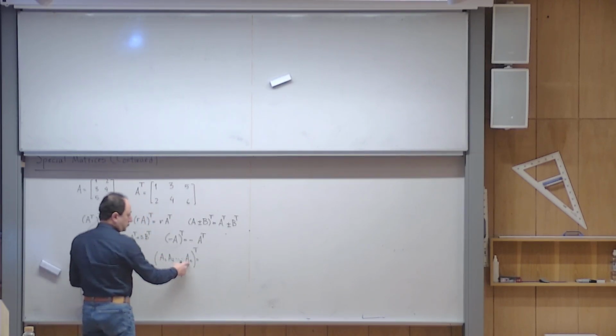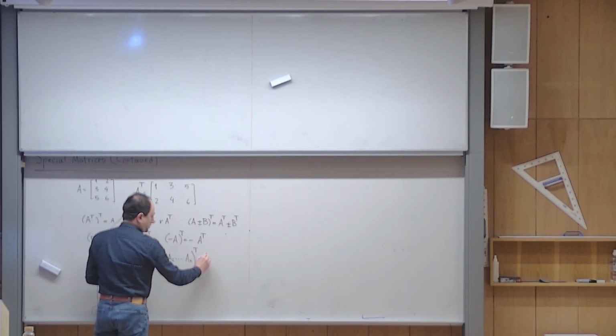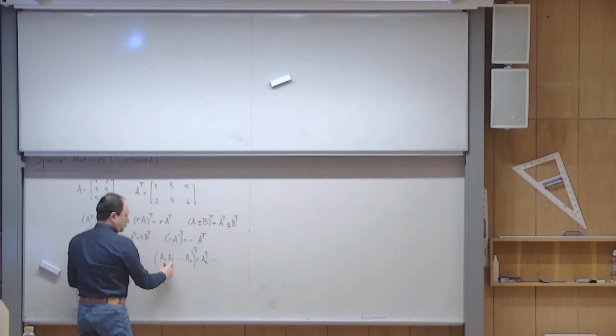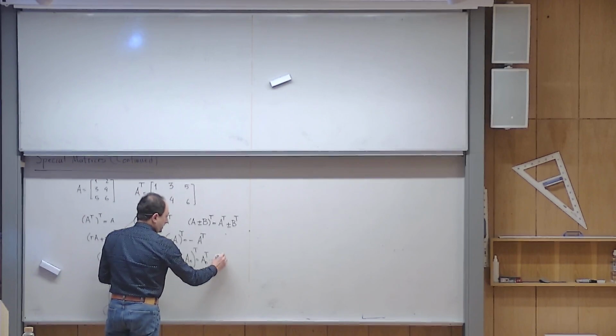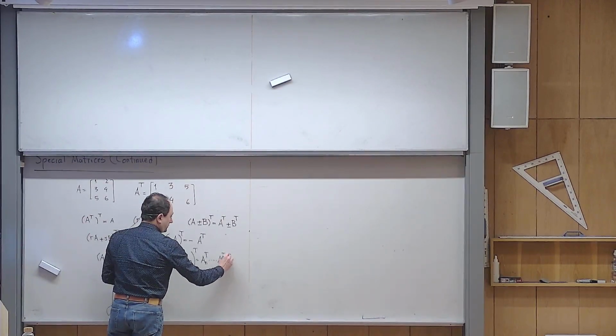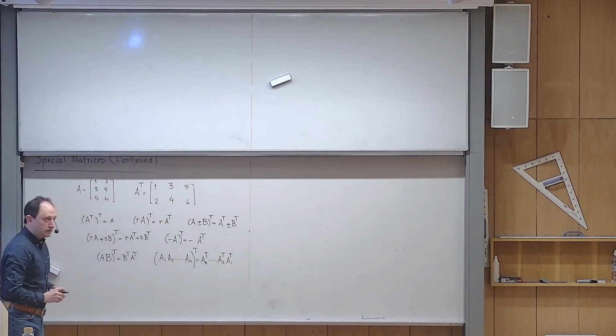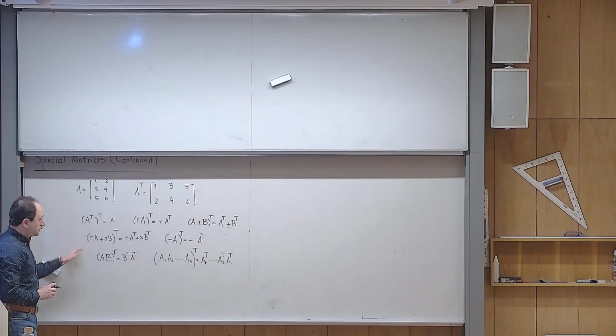You start from the very last one, transpose it, and multiply it by the previous one transposed, and continue until you reach A2 transpose, and finally A1 transpose. All of them we discussed.